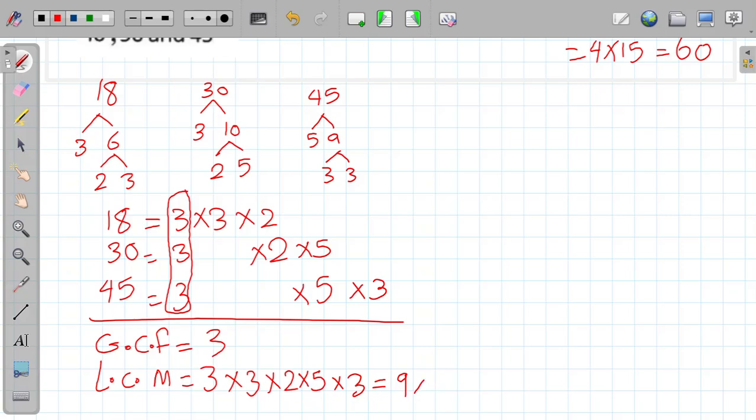And 2 by 5 equals 10. And I have by 3 times 3. 9 by 10 equals 90, and 90 by 3 equals 270. So the least common multiple is 270. Okay?